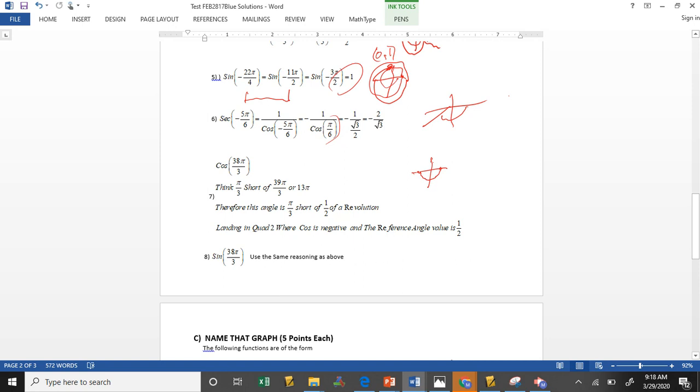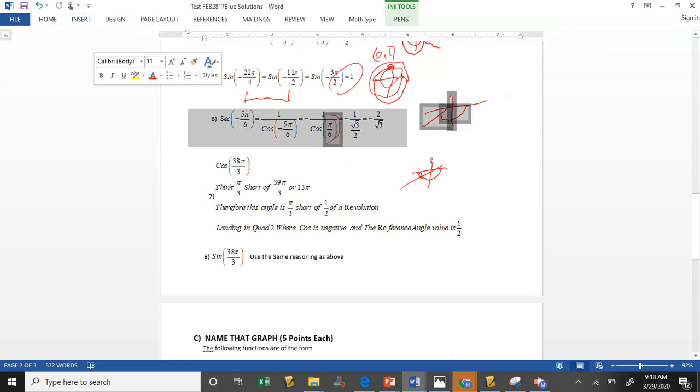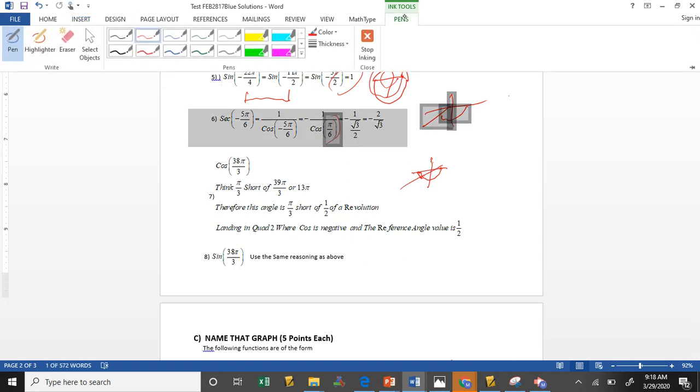This would be 13 pi, but it's short of that, so it's falling right down here. No, I'm sorry, I did the rotation in the negative sense. So obviously you want to correct that.